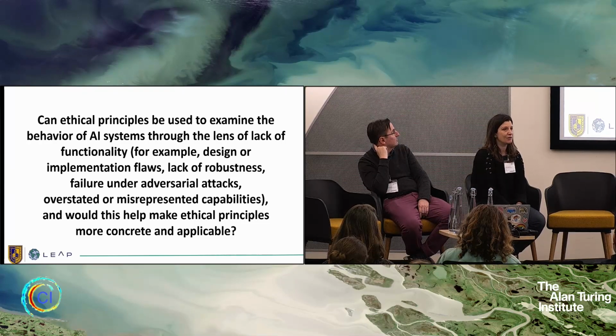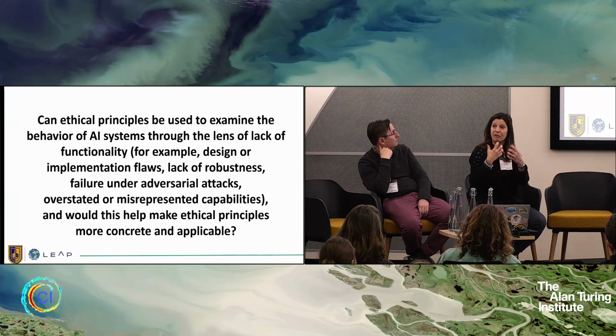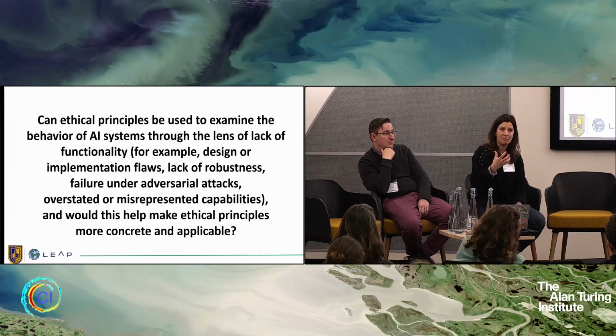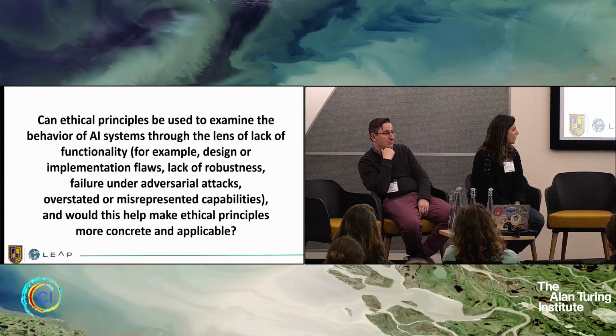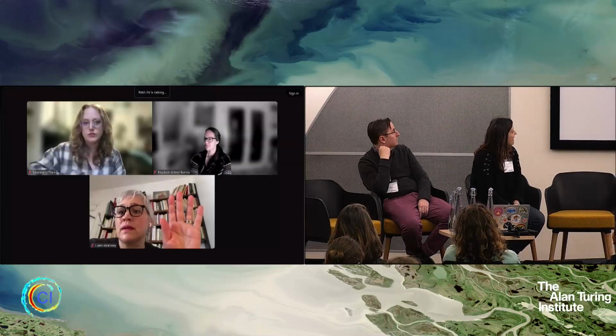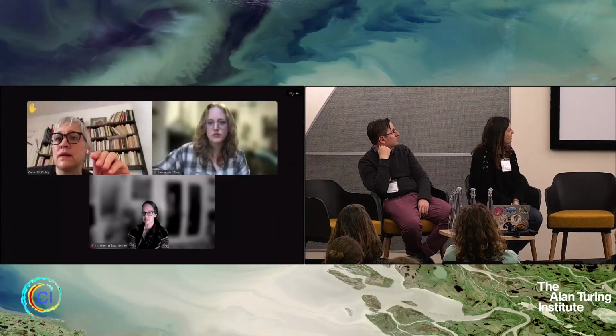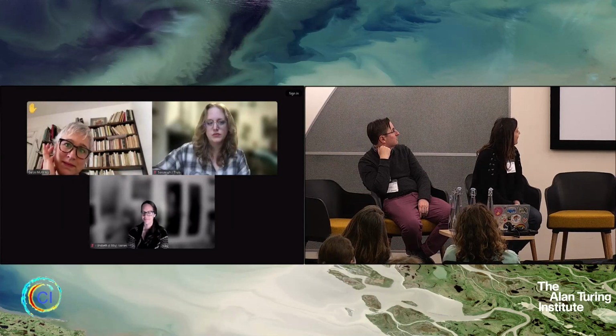And I wonder if we can connect some of the ethical goals or challenges that have been mentioned to this idea of, can we look at how systems perform and be mindful or careful about their performance, and would this help make the connection to ethics more clear? So we can go back to our panelists now, and maybe this time Galen, I will start from someone online. Galen, please go ahead.